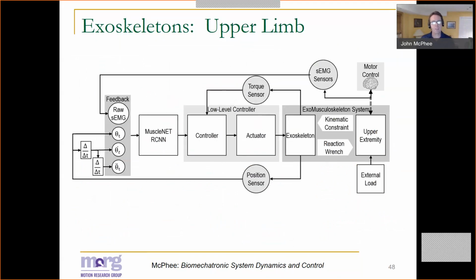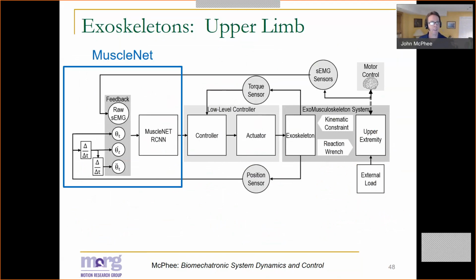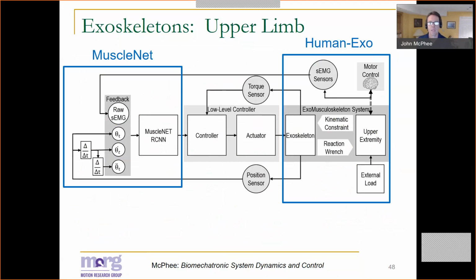This is what we envision our controller setup to look like. Here we have MuscleNet, which is using data from position sensors on the exo as well as EMG in order to predict the torque that the human is going to apply. We have our human exo model, which is predicting the combined motion of the human and the exo.